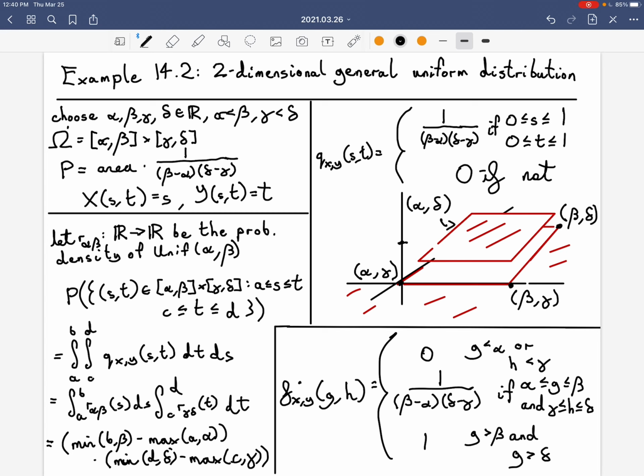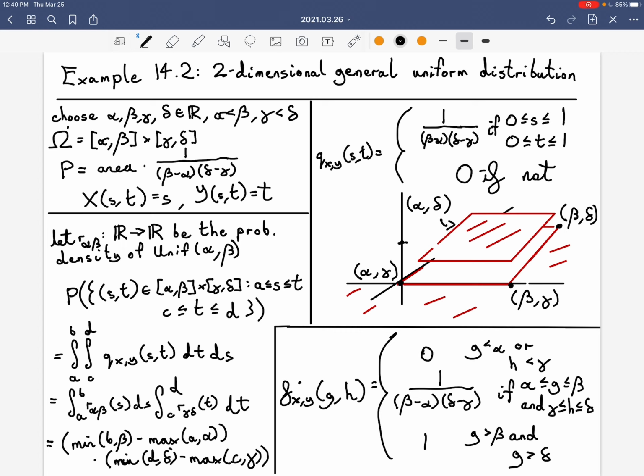So we can have a look at an example of the two-dimensional general uniform distribution. I got the two-dimensional standard uniform distribution by coupling two copies of the one-dimensional standard uniform, and I'm going to do the same thing.